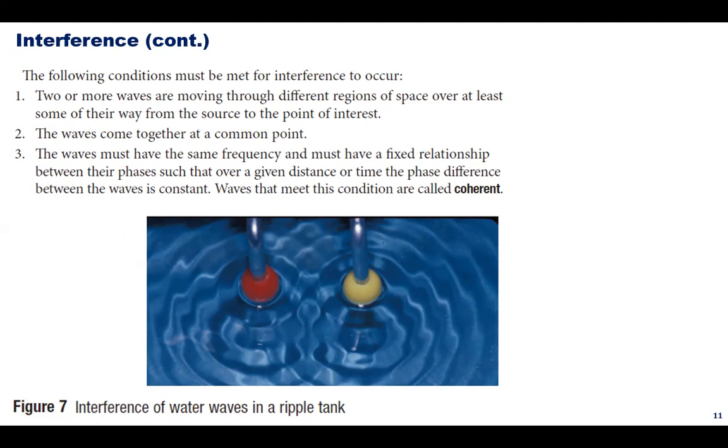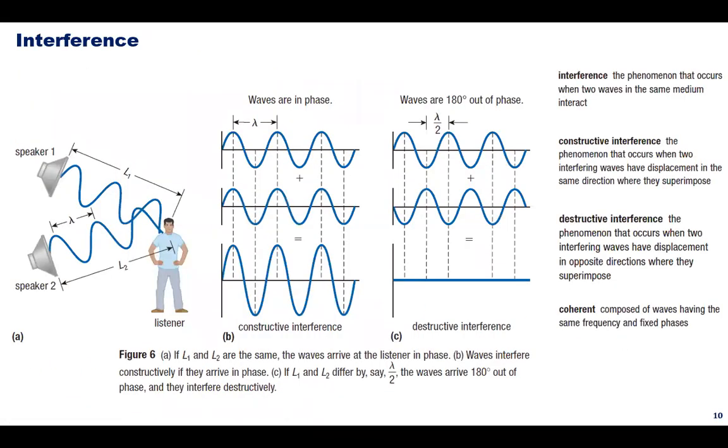Third, the waves must have the same frequency and must have a fixed relationship between their phases such that over a given distance or time, the phase difference between the waves is constant. Waves that meet this condition are called coherent. So as we just discussed here, coherent means composed of waves having the same frequency and fixed phases.